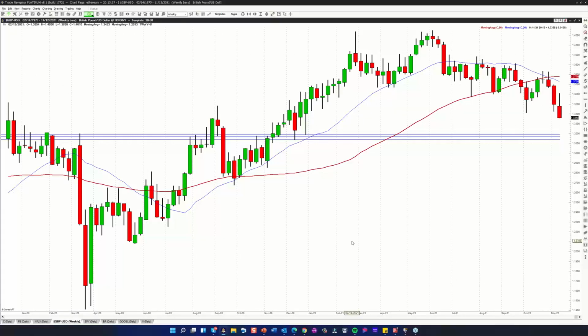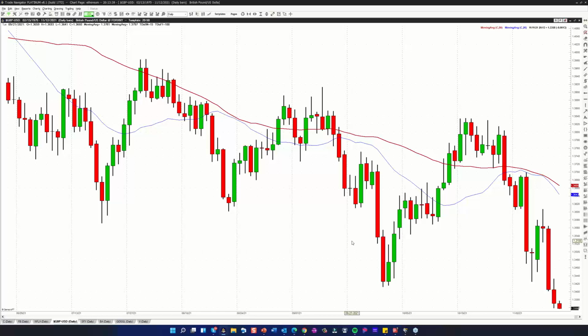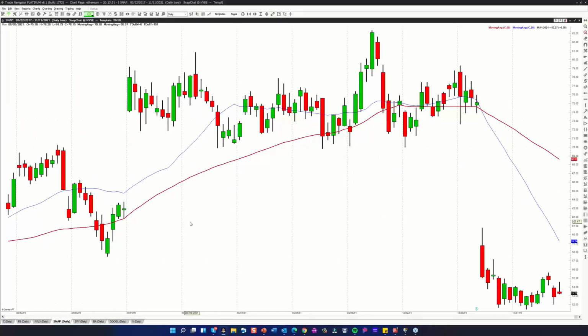And we're going to look now at Snap. And then we'll be looking at Bitcoin and Ethereum and Apple and Tesla and other cool ones. So let's look at Snap. Long-term trend is down. Short-term trend I'm going to have as neutral.